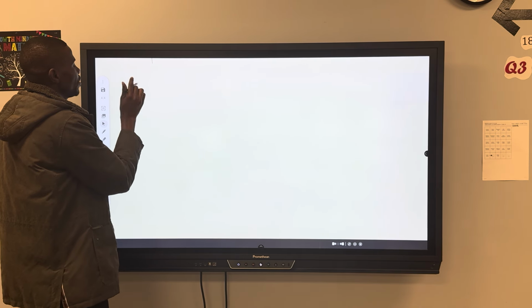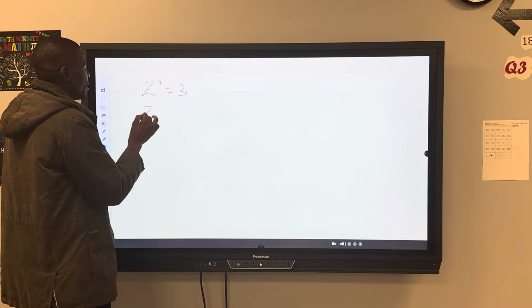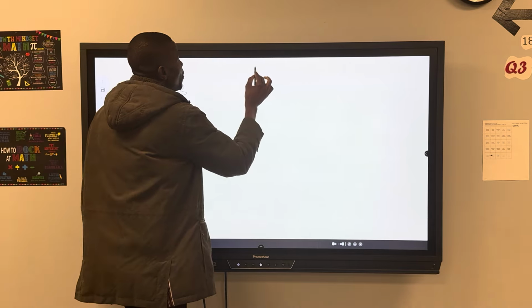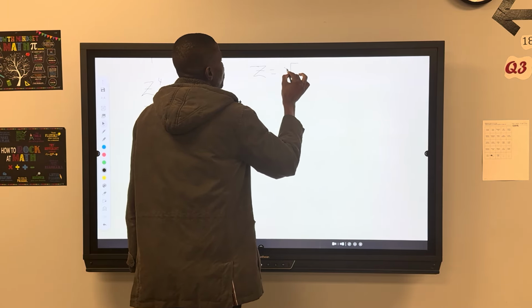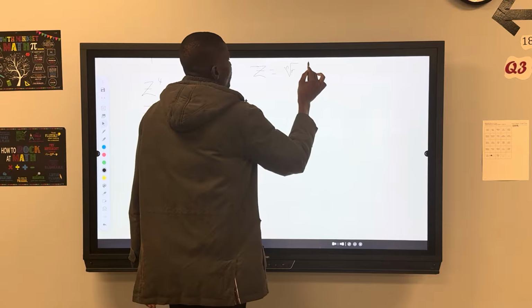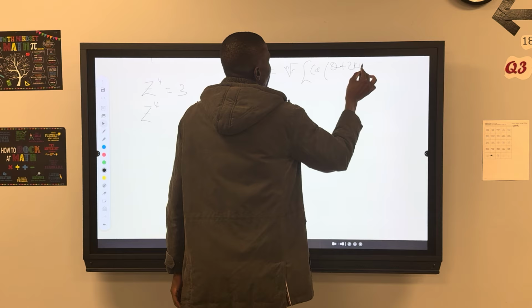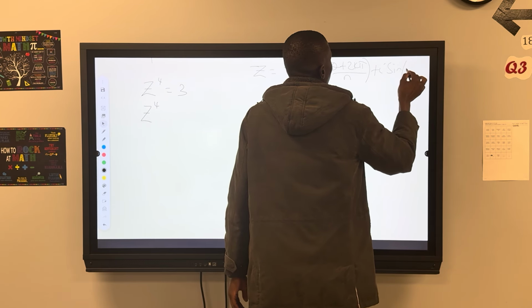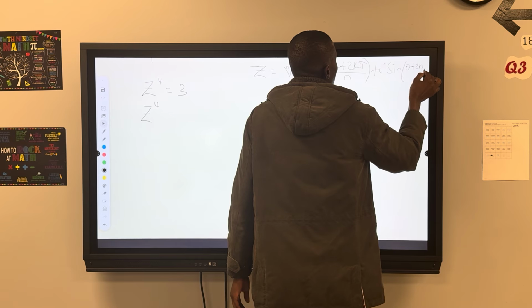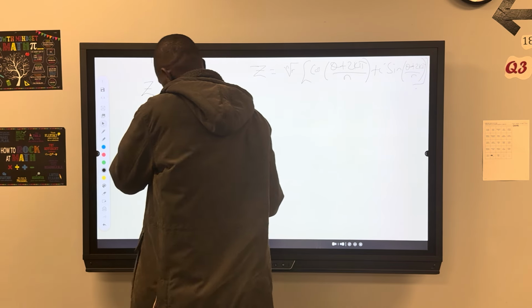Remember our formula: z is equal to the nth root of r, times cos of (theta plus 2k pi) over n, plus i sine of (theta plus 2k pi) over n. This is the formula which we are using.